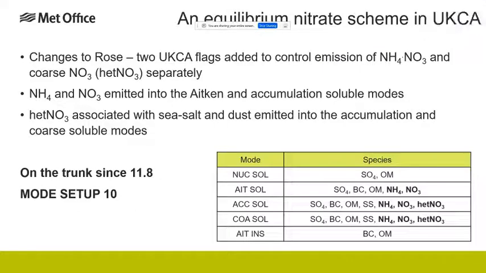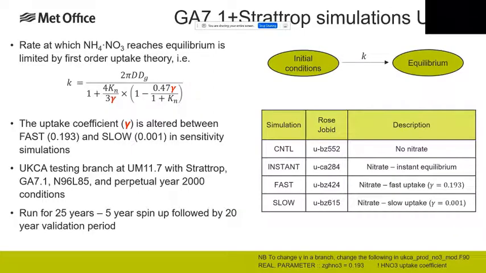Thanks, Jane. Okay, so fine mode ammonium and nitrate are only emitted into the Aitken and accumulation modes, whereas the coarse nitrate is emitted into the accumulation and coarse modes. So the really novel thing about this model is that we limit the rate at which the ammonium nitrate reaches this thermodynamic equilibrium using a first order condensation theory.